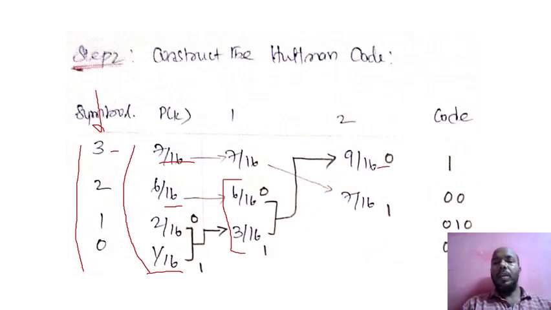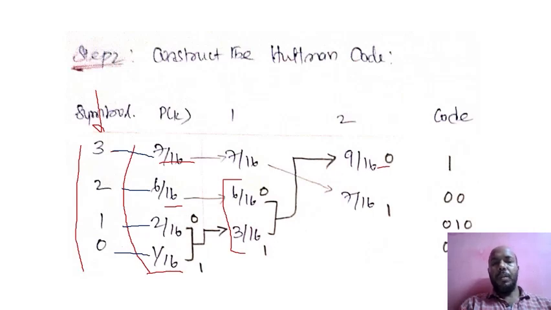Now we have to make the code assignments. We have to assign the code word. So now I trace that 0, 1, 1 is there. I just changed the line. Symbols are 3, which is here, symbol 2 here, symbol 1 here, symbol 0 here.